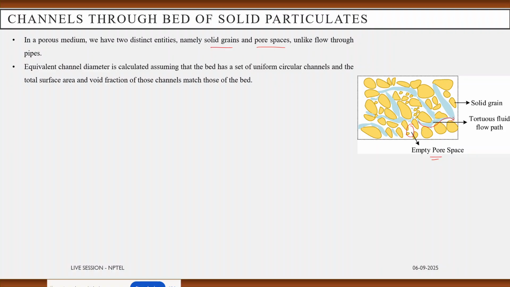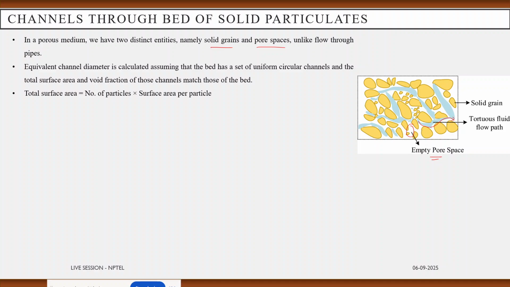With this assumption, we will develop the equation for equivalent channel diameter. It is calculated based upon the assumption that the bed has a set of uniform circular channels, and the total surface area and the void fractions of those channels are also included in the equation.